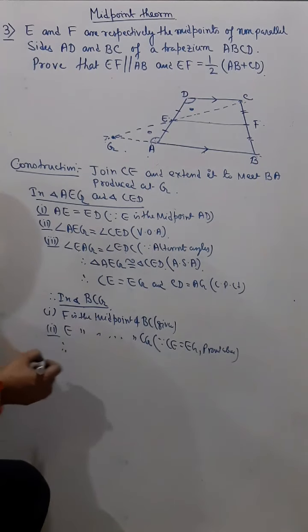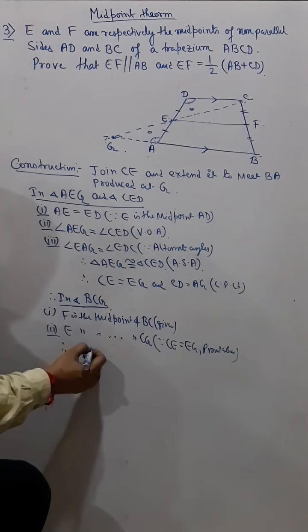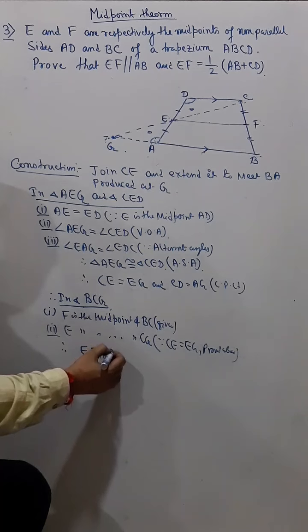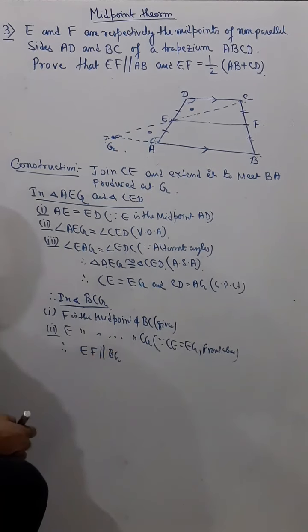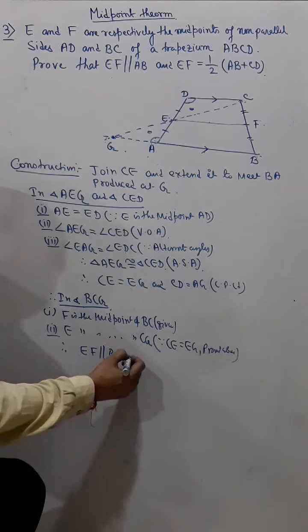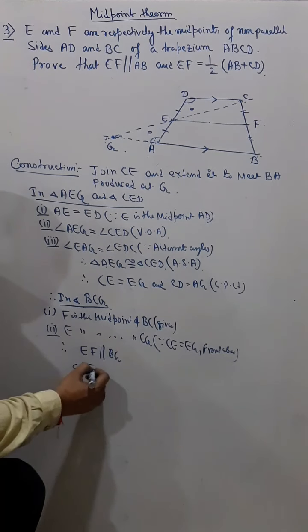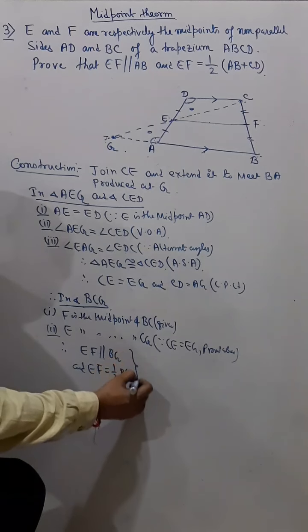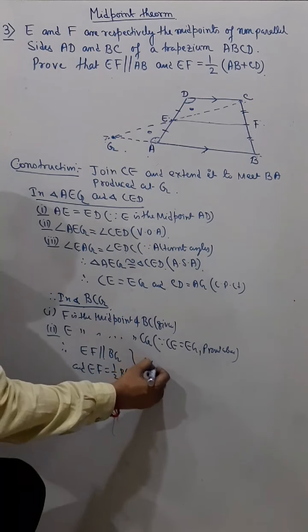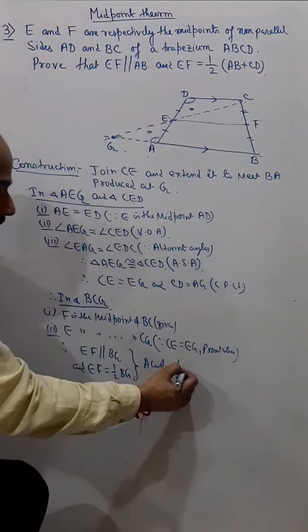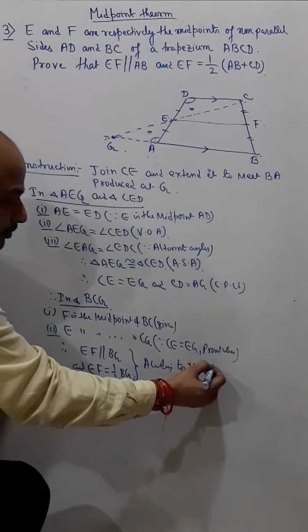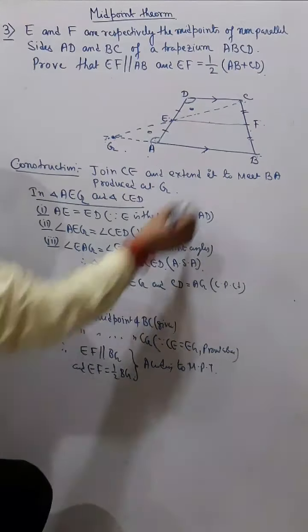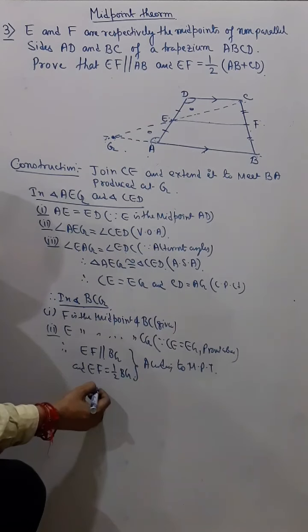And therefore we can say that EF is parallel to BG, and EF is equal to half of BG. All these are due to the midpoint theorem.